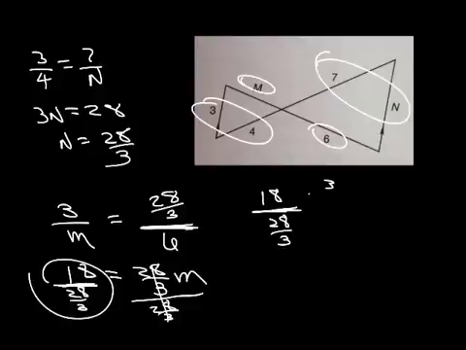Invert and multiply. So that becomes 18 over 1. So 18 times 3 is 54 over 28. And that would be my M value. So that's how you do those practice problems, C and D.